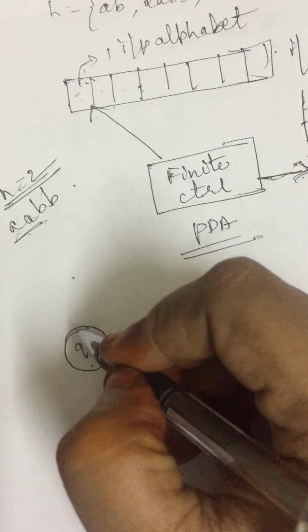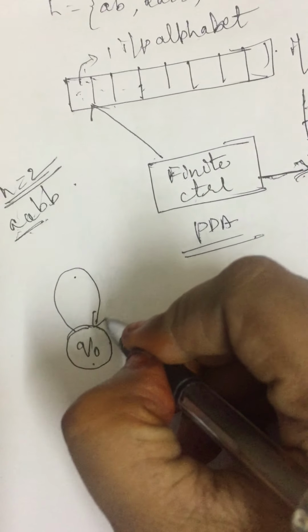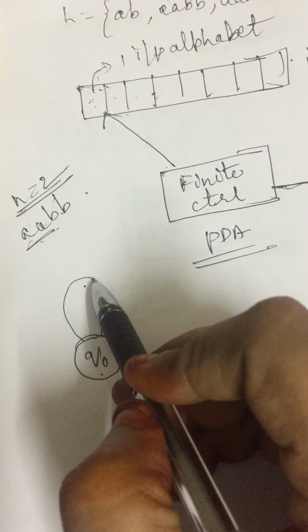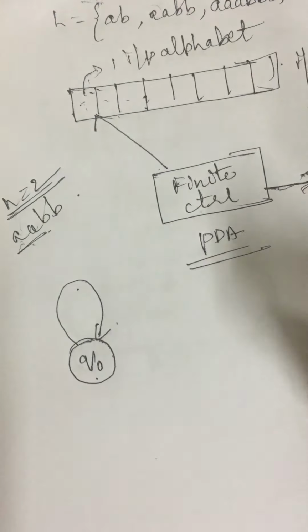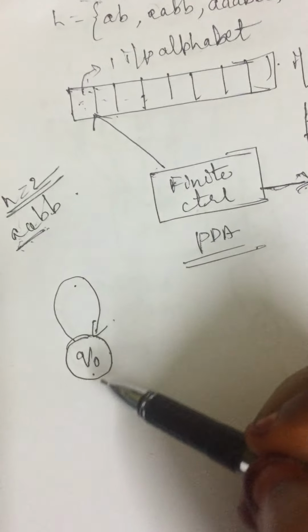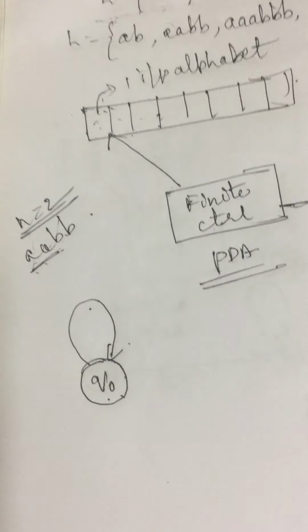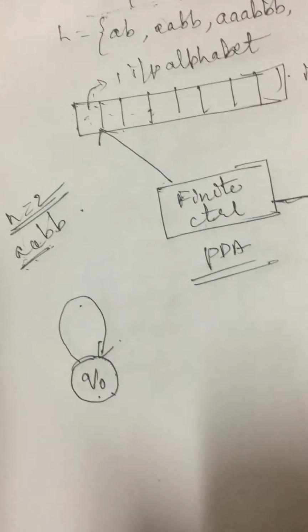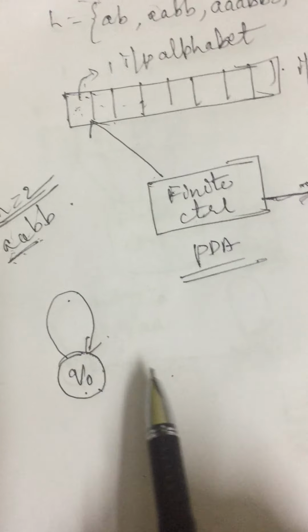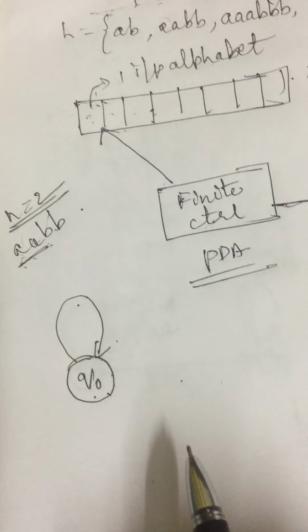Here I am taking a self loop, because A can be either 1 or more than 1. Whenever we are in the same input alphabet, we remain in the same state. Whenever the input alphabet changes, we have to represent the change in the state in the diagram also.